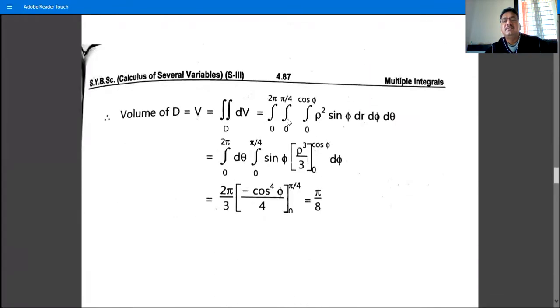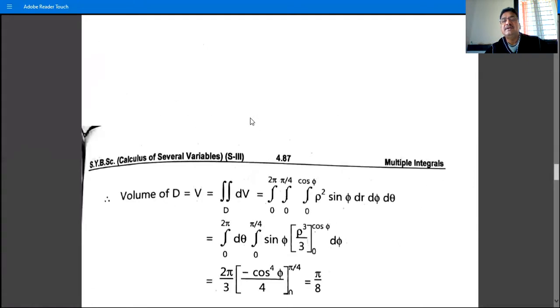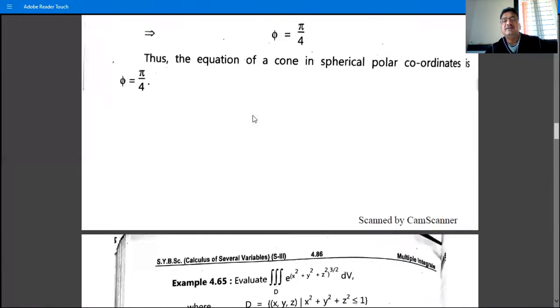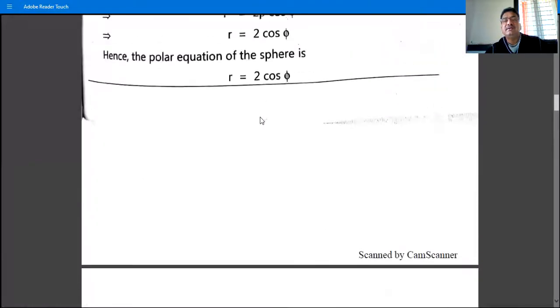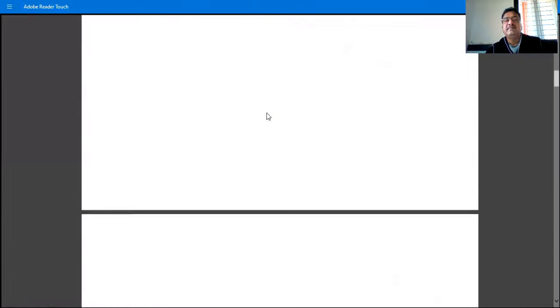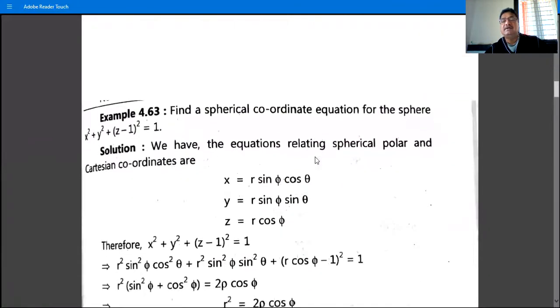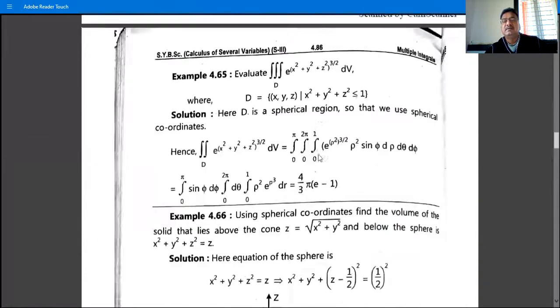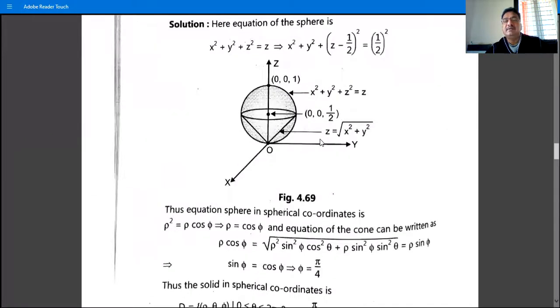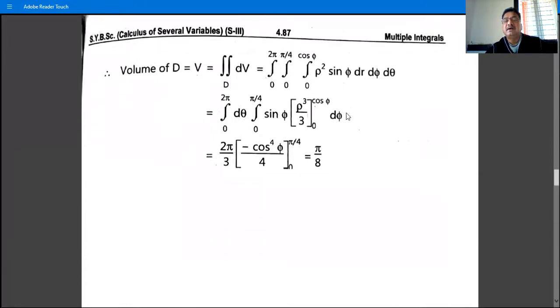That is, dV means dx dy dz, and dx dy dz is replaced in polar coordinates by r square sin phi d rho d phi d theta. So here, for the polar function, it is replaced by r square sin phi dr d phi d theta, a triple integration, right?